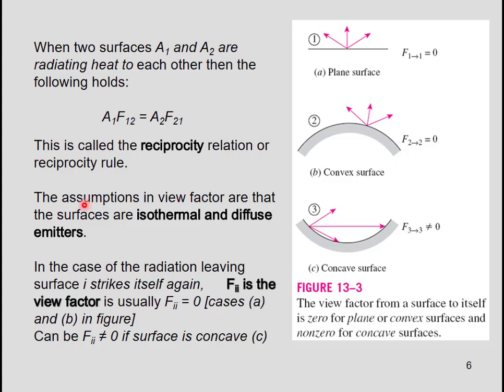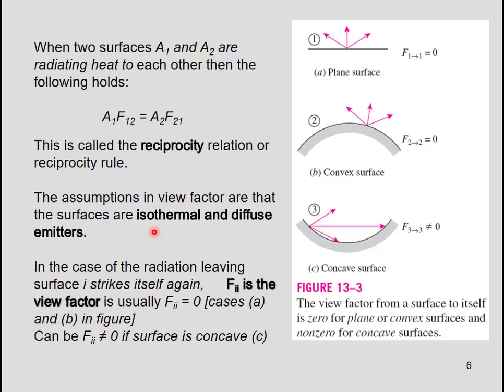And we have some other assumptions when we are dealing with this view factor. Firstly, we assume that the surface is isothermal. Isothermal means the temperature at each point of the surface is equal to that at every other point, so the temperature at the surface is uniform.